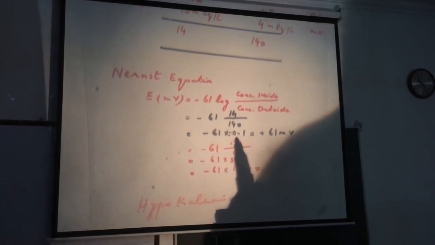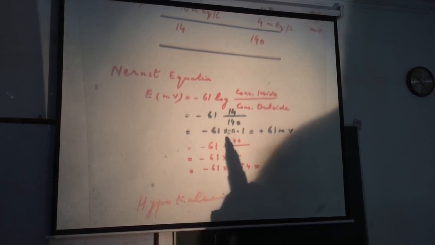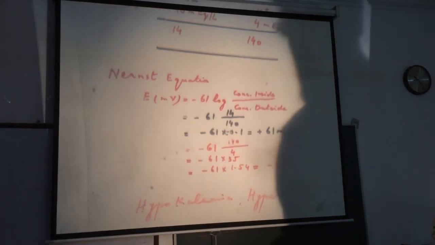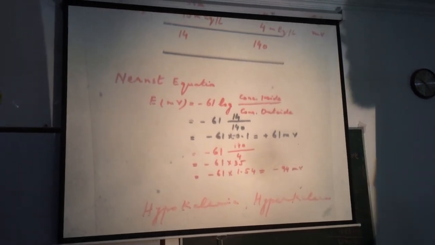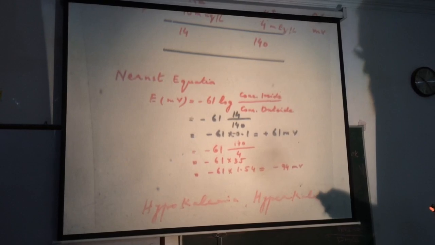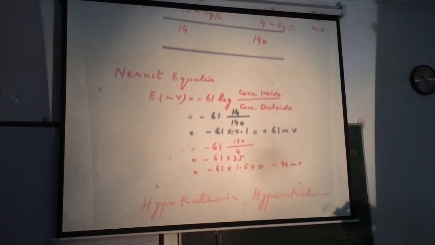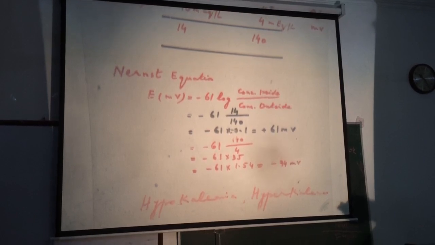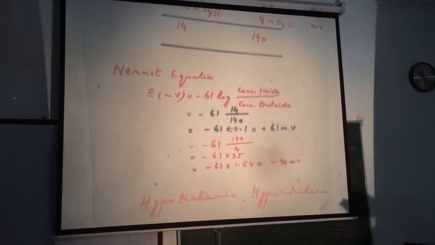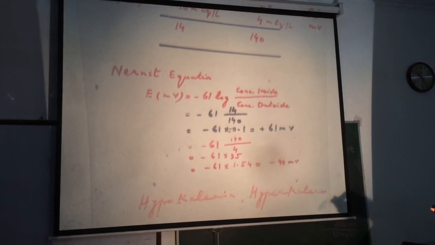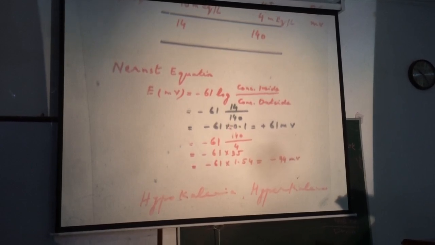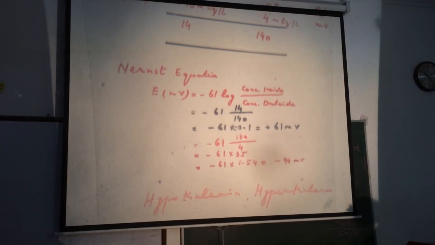And that is equal to minus 1. So minus 61 log of 0.1, because 14 over 140 is 0.1. And log of 0.1 is minus 1.